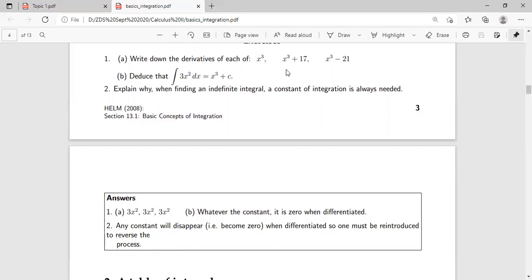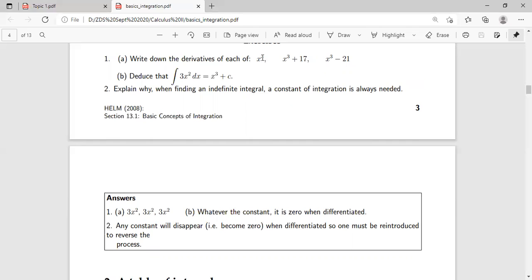If you integrate this one, the integration will be the reverse of the differentiation. In differentiation we multiply by the power, then deduct 1 from the power. In the other case, we add 1 to the power, and then divide by the new power.